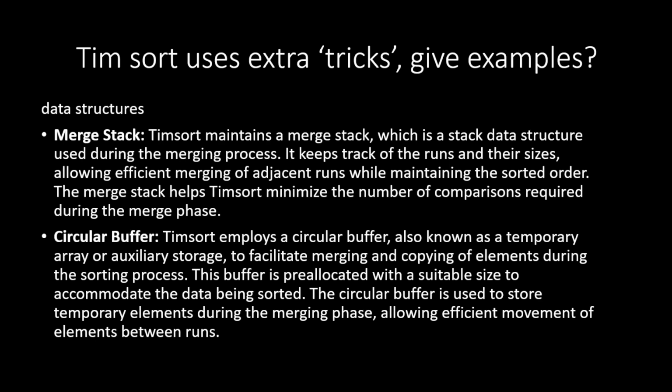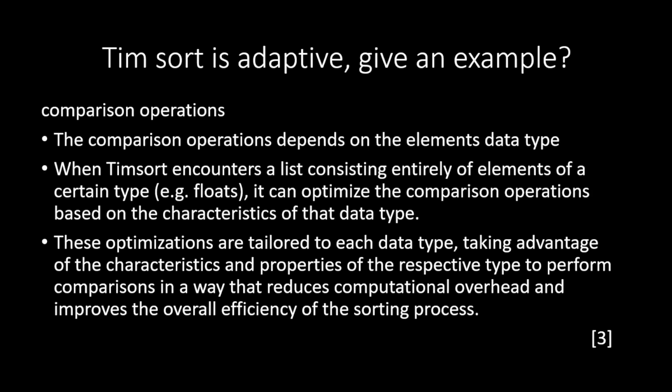Now there are other tricks that Timsort uses to make it faster. We can't go into all of them, but some examples are the data structures, so the way it uses the stack and also the buffer. Another example is that Timsort is said to be adaptive. It means that it's different depending on the data. An example of this is that if you have different data types, it can recognize those data types and then change how the comparison operations are used.